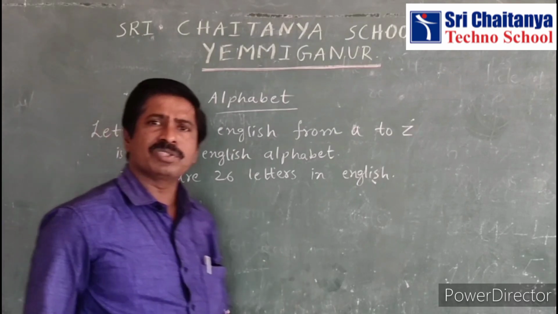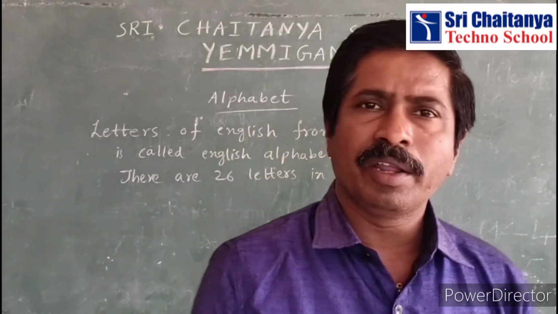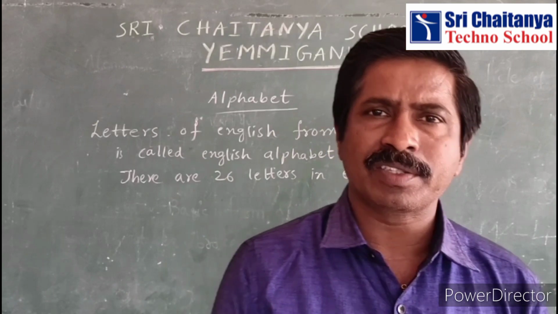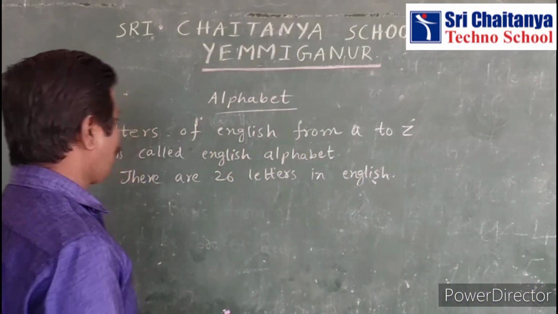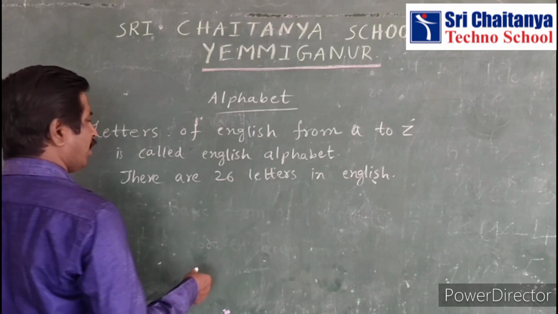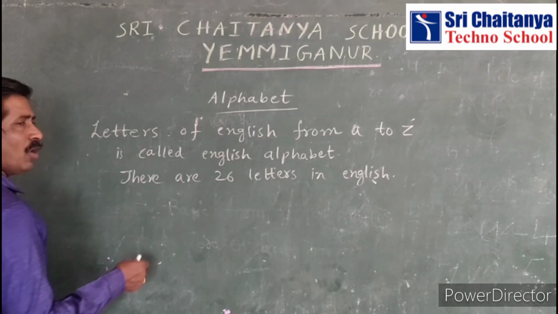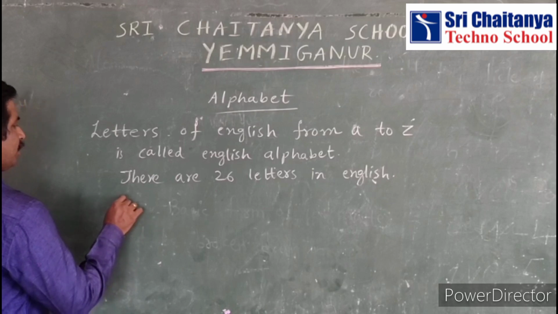And these 26 letters are also divided into how many kinds? Two kinds. What are they called? They are called vowels and consonants.